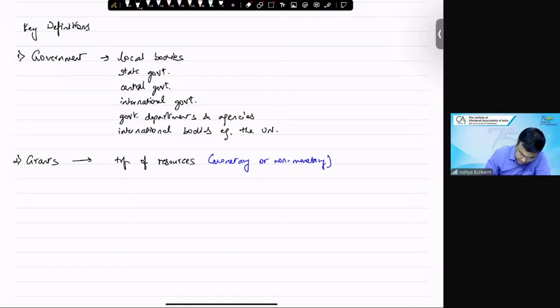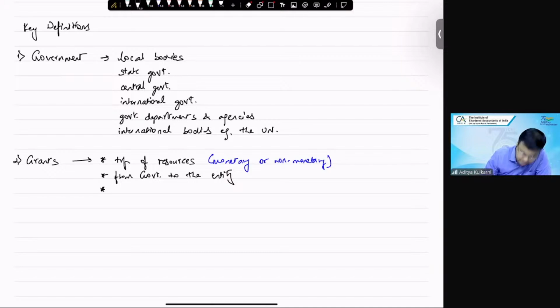Okay. Transfer of resources from whom to whom? From government to the entity. First point. Second point.